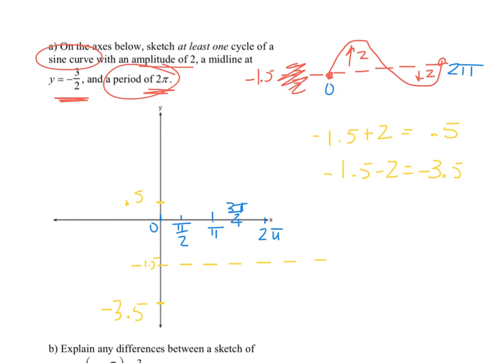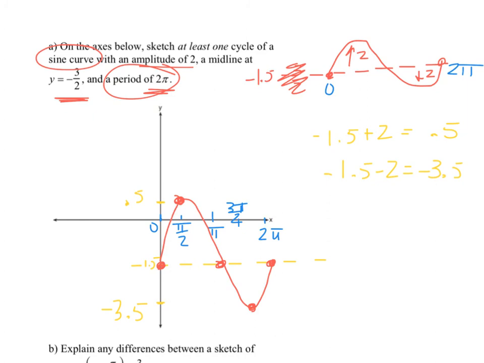So we know what a sine curve looks like. I'm going to make my new 0 there because the midline's now shifted down. This is going to be my other 0, and this is going to be my halfway 0. We know sine goes up at pi over 2 to its maximum, and it goes down at 3 pi over 2 to its minimum. This is my one cycle.